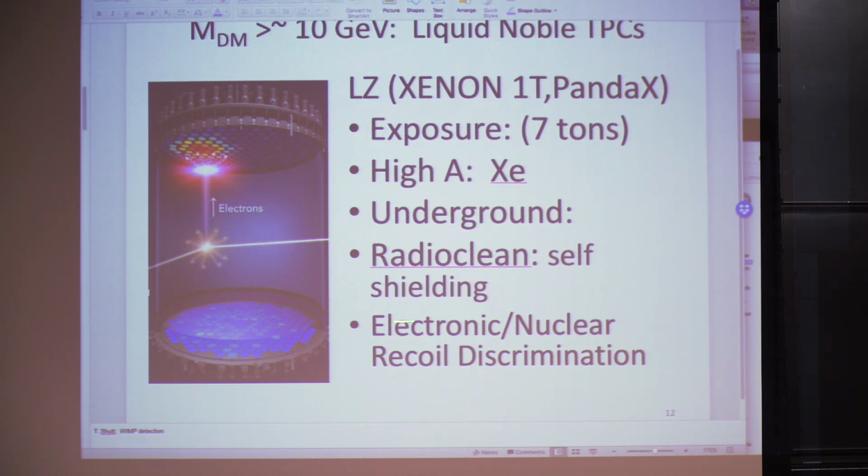So we're going to self-shield our experiment and protect ourselves from stuff that's outside that produces radiogenic events with xenon itself. So it self-shields. And then finally, it has electron recoil, nuclear recoil discrimination.